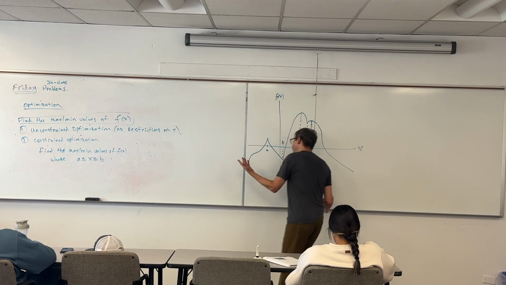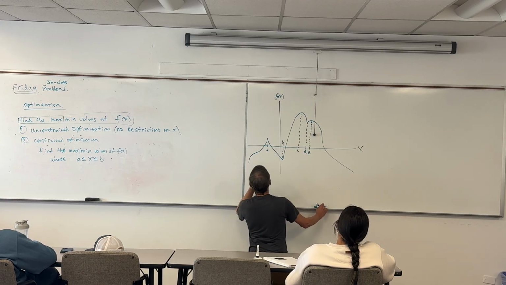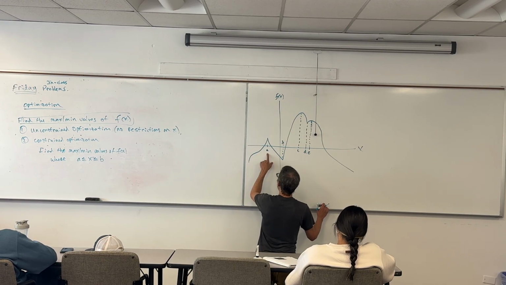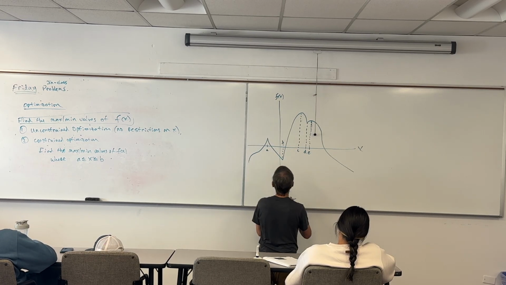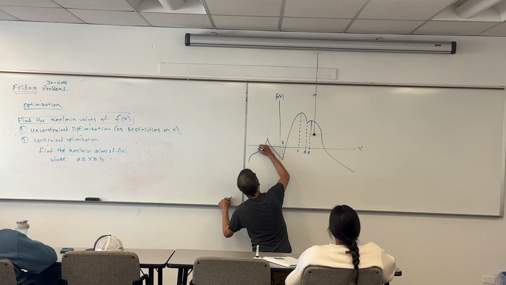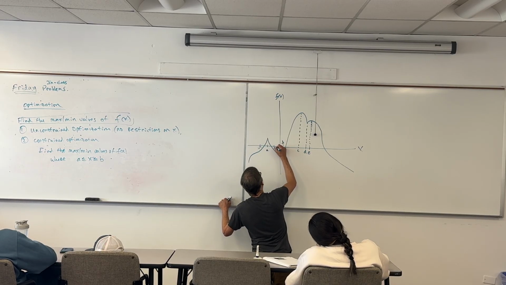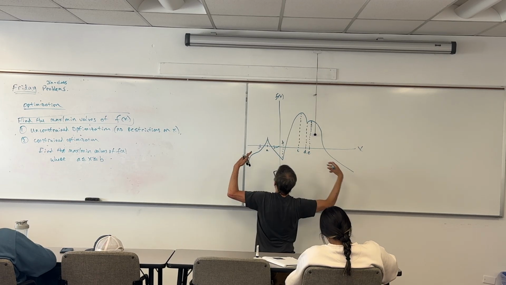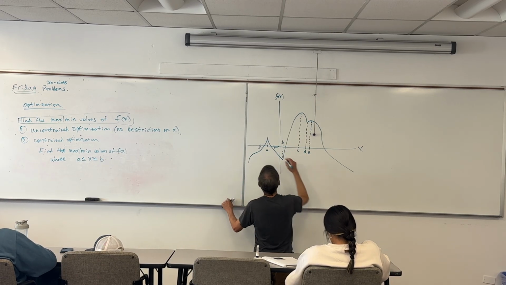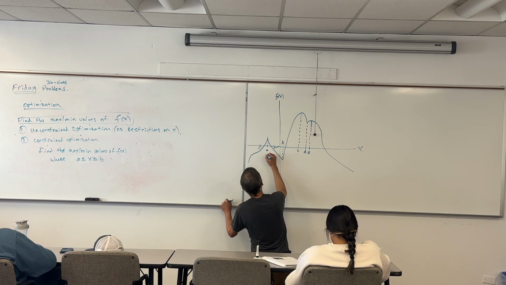And when I go through here, just from left to right, I notice that as I approach x equals a, I'm moving up on the left side, and then I'm going down on the right side. So notice here we go up and then down, and I can go to this peak right here, and I can say, oh, that's kind of a local hill. So we call it a local maximum.